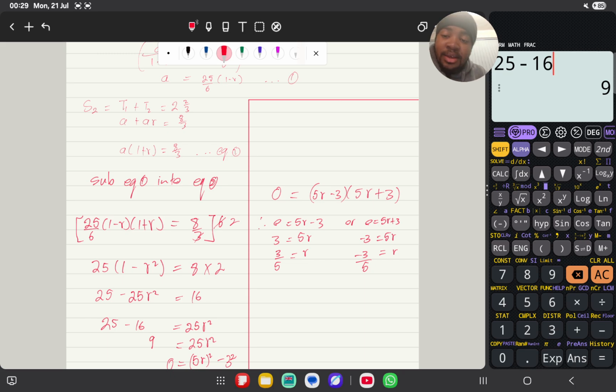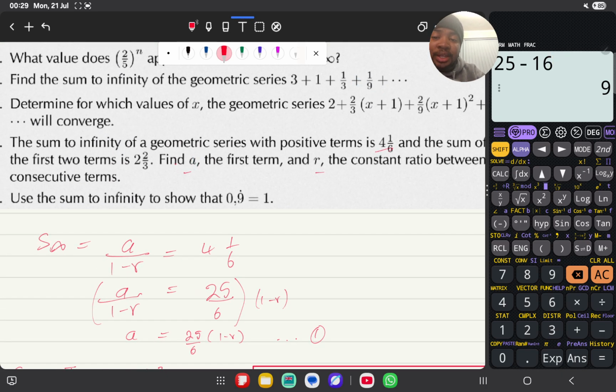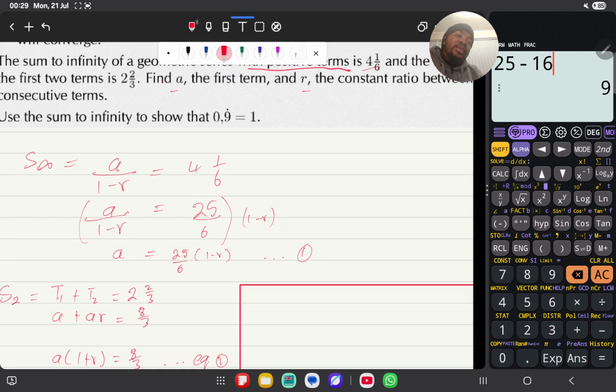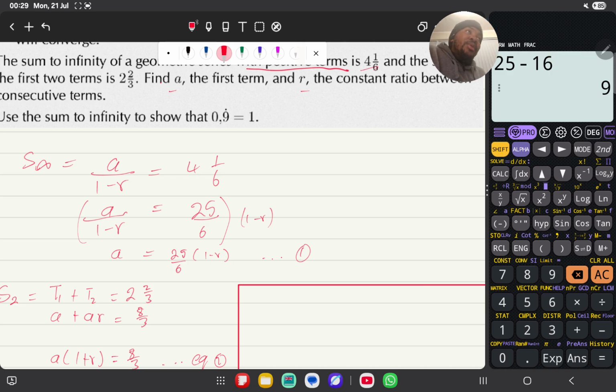Is there anything, or any clue, that hints to us whether we are going to use both these r's to find the a, or are we going to use one of them? And when you read the question carefully, you would see that they said our series has positive terms, right? So for our series to have positive terms, it means that we must always multiply, like, okay, remember r, we multiply the current term by r to get the next term.